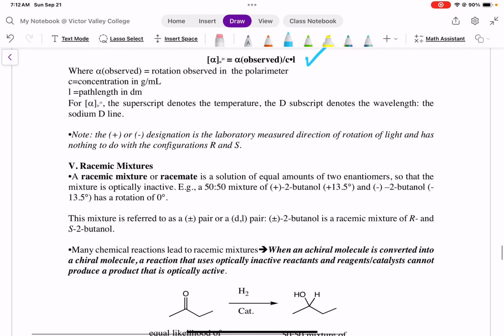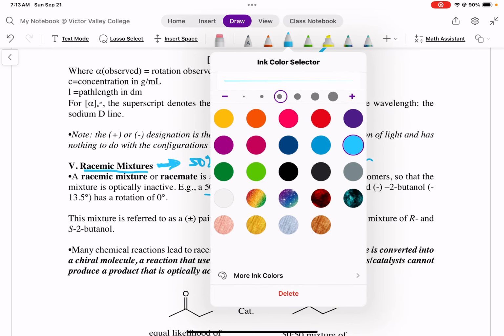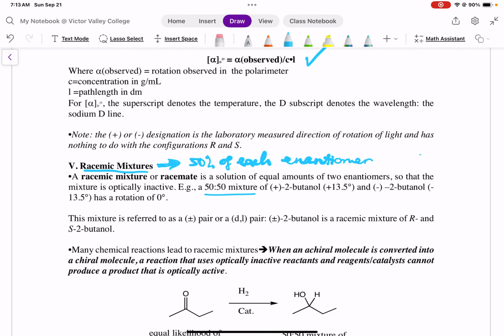All right. Now, if you have a mixture of 50% of each enantiomer, you get yourself a racemic mixture, all right?